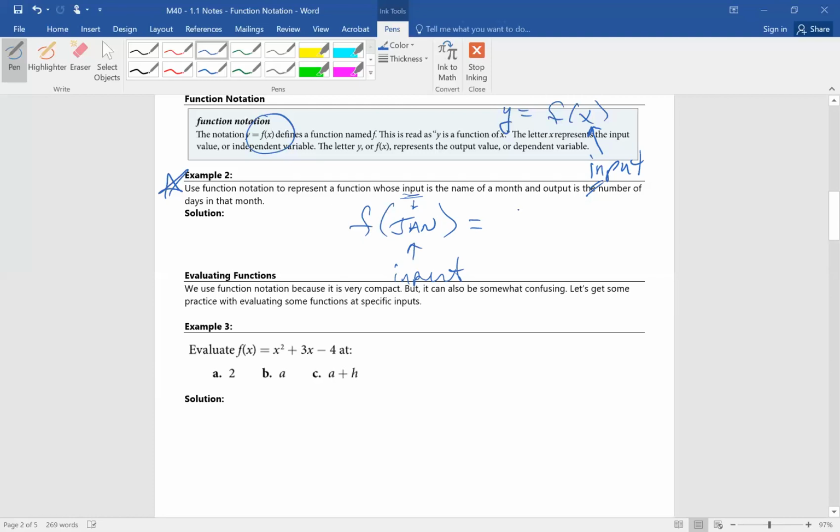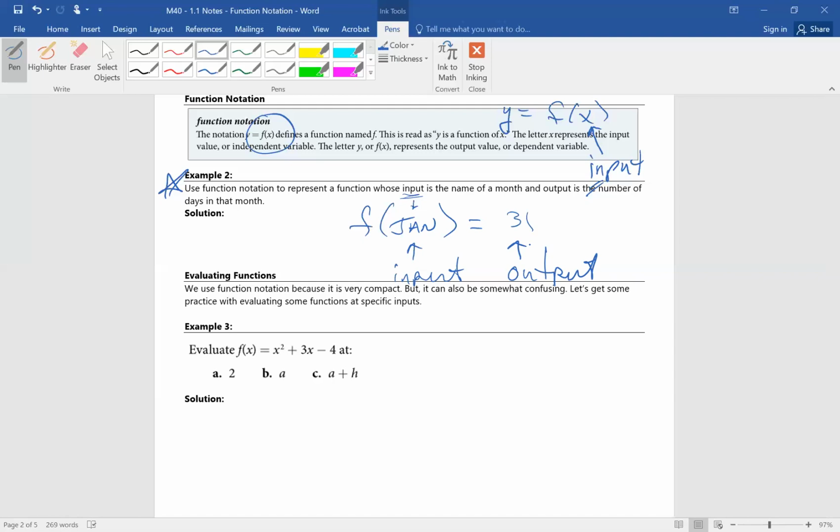So I think there's 31 days. That's how function notation reads. And again, it's very concise. Mathematicians always like to write things as quickly and concisely as possible. So the input would be January and the output would be 31 days.